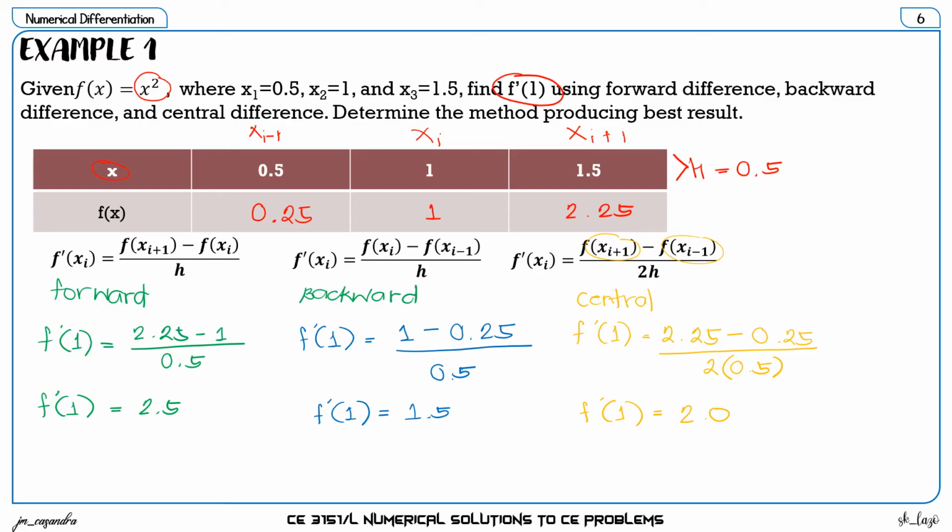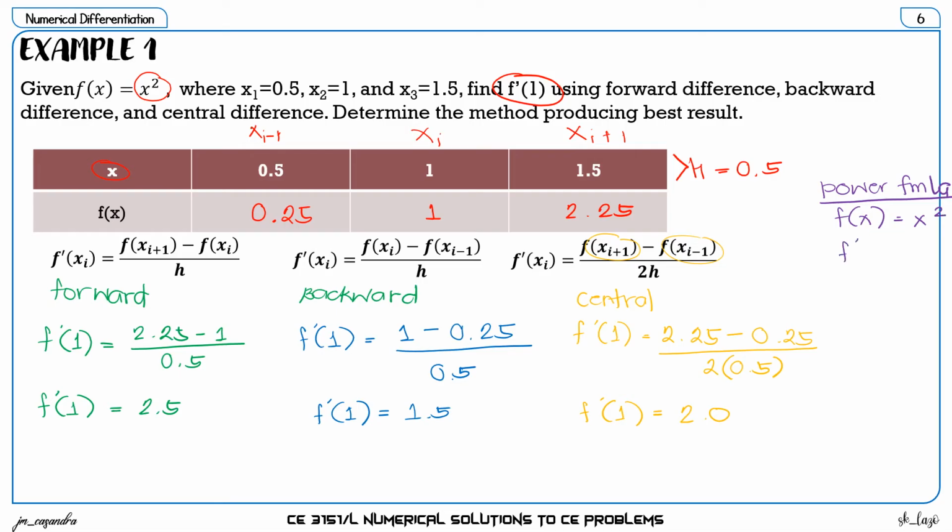By power formula, we have the function of x equal to x squared.